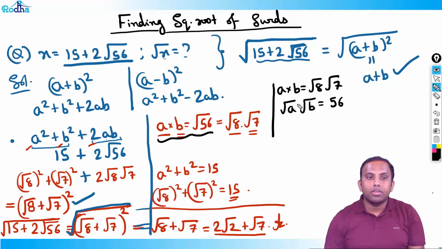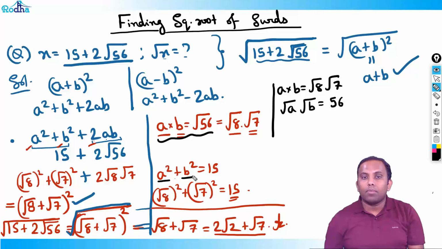Sorry, root a into root b is root 56, right? So if a into b here is root 8 into root 7, what I want to assume here is that a square plus b square is equal to 15.